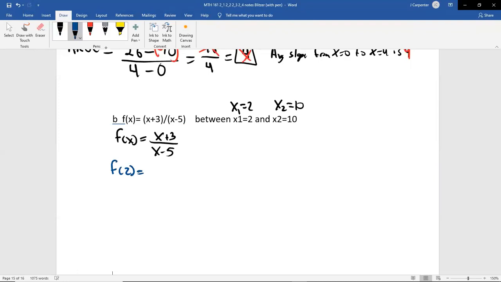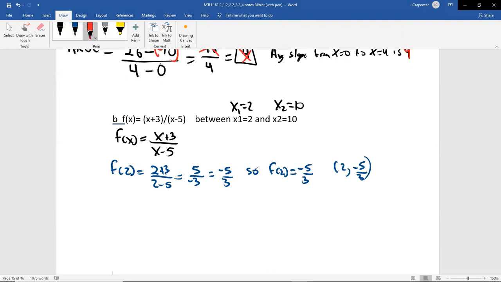F of 2 would be 2 plus 3 over 2 minus 5, which is 5 over -3, which I don't like negatives on the bottom, so that's -5/3. So that point is f of 2 equals -5/3, or 2 comma -5/3, whichever way you prefer to write it. So there's the x1 and the y1, or the x1 and the f of x1.